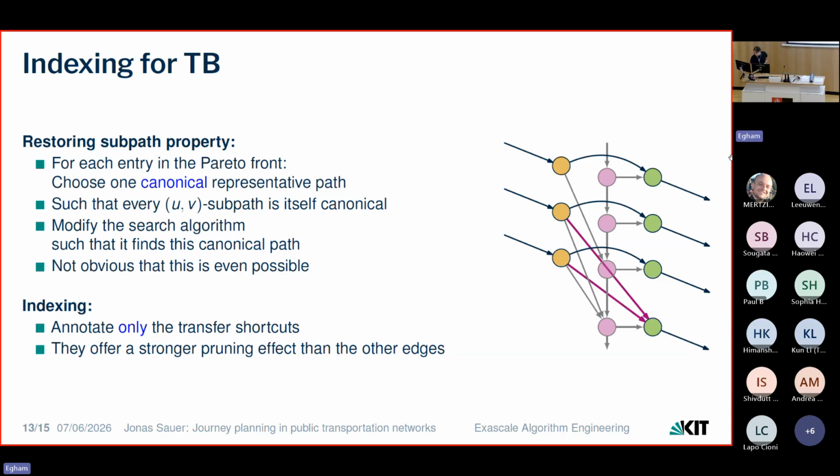So if I have this shortcut down here, if this is necessary for my query, then I also know that this edge and this edge will also be necessary, but not vice versa. If I had only annotated these edges, I would not necessarily know that this shortcut between them is necessary. So annotating only the transfer shortcuts actually gives me all the information that I need.